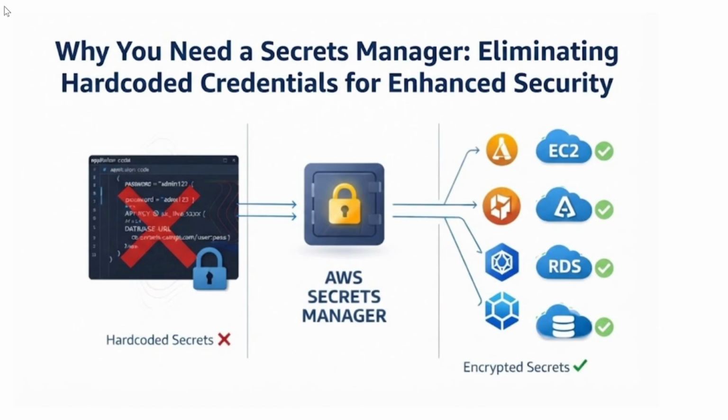If your application needs to access these secrets from Secrets Manager, an IAM permission with properly defined policies should be attached to that particular resource or service. So this is known as AWS Secrets Manager.